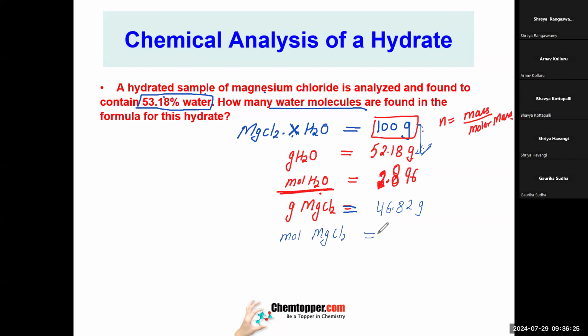Yes. To know the moles, I can use this equation again. This one. Mass divided by molar mass. Mass is 46.82 divided by the molar mass of MgCl2. How much is that? Look at the periodic table, work out the molar mass. And children, I'm already with the molar mass and the answer.